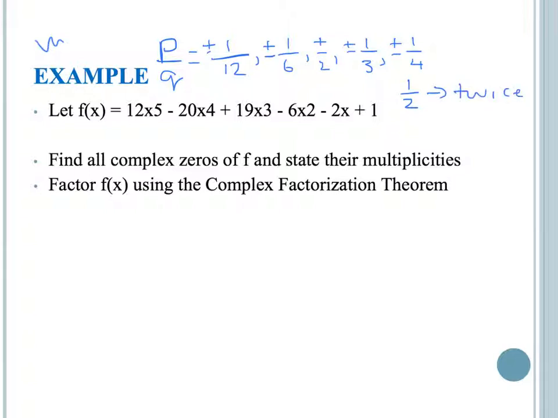The other one is a little harder to see. I don't think it's 1/2, but I can't tell if it's 1/3 or 1/4. So if you want to investigate that a little further on your graphing calculator to see if 1/3 or 1/4 on the negative side works better, or we're going to be doing synthetic division just to see which one works. So let's go see what we can do with 1/2 in our synthetic division.